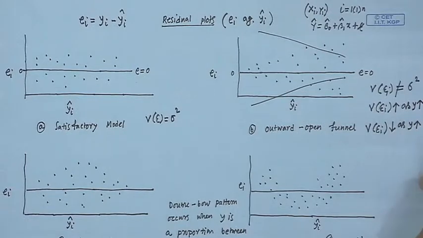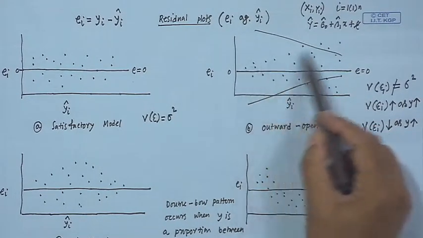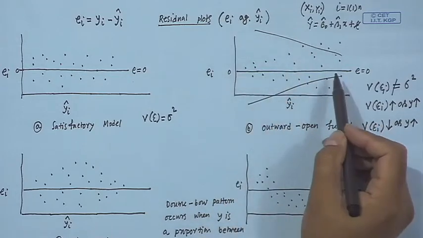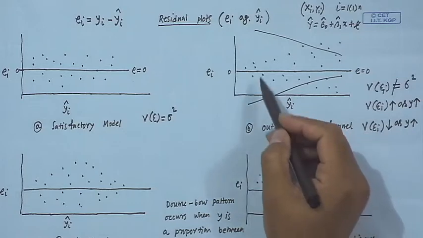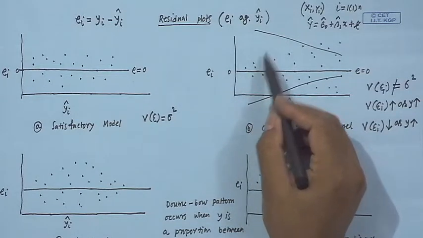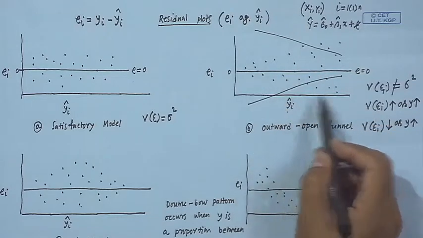Now, instead of this outward open funnel, it could be like an inward open funnel. That means e i, the residual, decreases as y i hat increases.